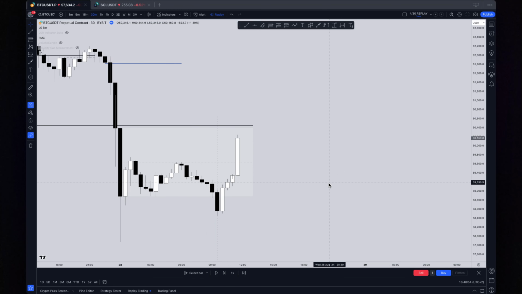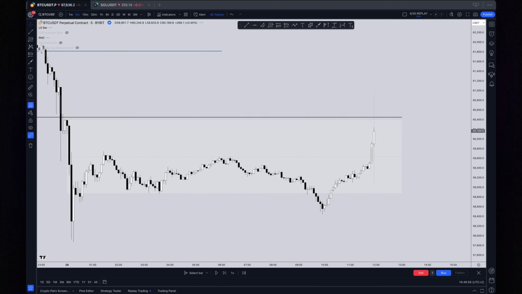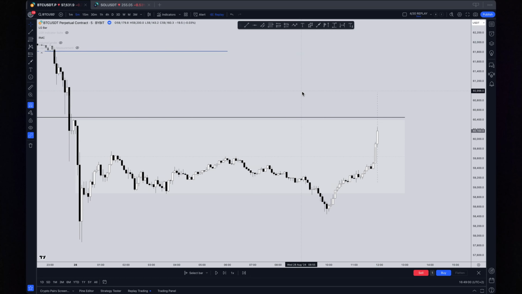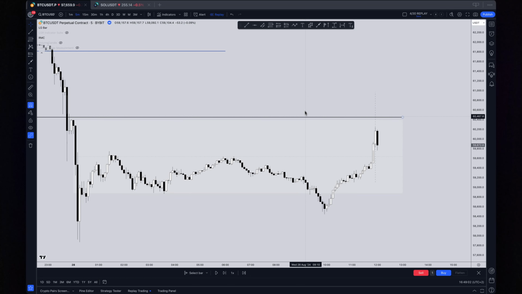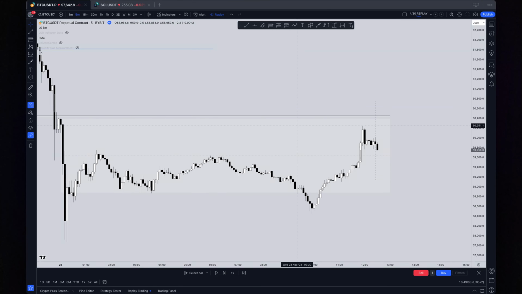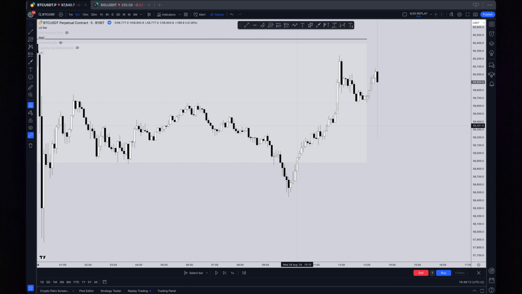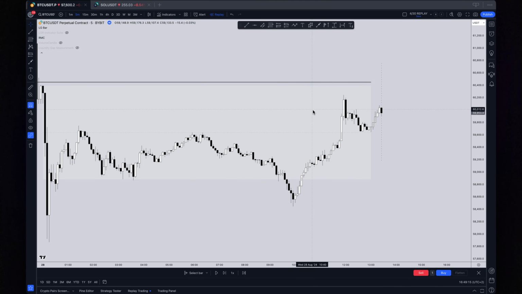That's the spike that I want to the upside. Now things might get interesting. Does this sweep? No. Let's look at the 30.